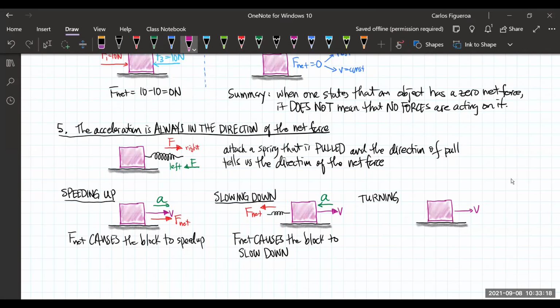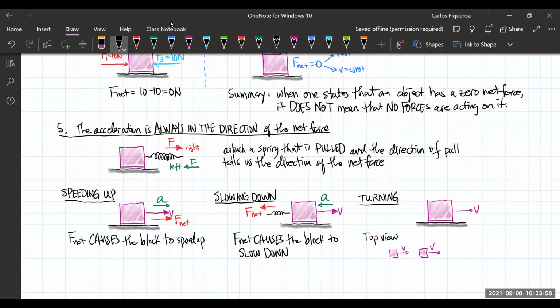Now, if I'm talking about turning, I'm going to have to take a top view of this situation. So now let's look at the block. If my block was going like this, how do I make the block change direction? If it's moving with this velocity, now I need my spring.